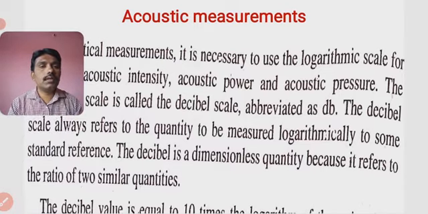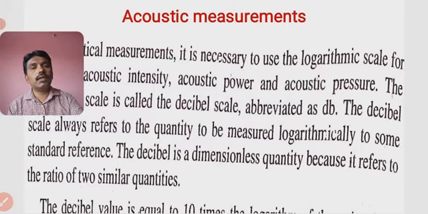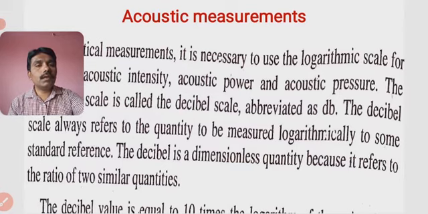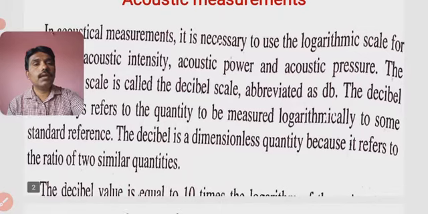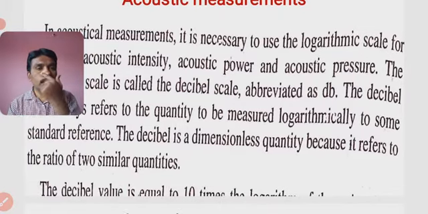Another important scale is referred to as a logarithmic standard quantity, and the decibel is basically a dimensionless quantity, and that's why it has no unit, and its value is 10 times the logarithmic value. Usually it is written as dB, and the value is equal to 10 times the logarithm to base 10.